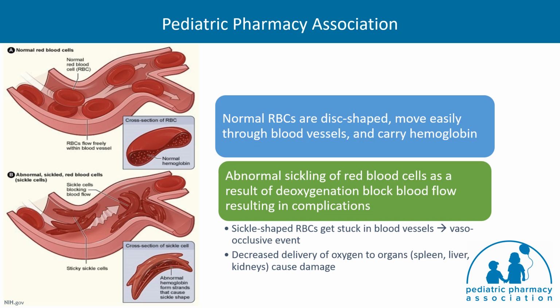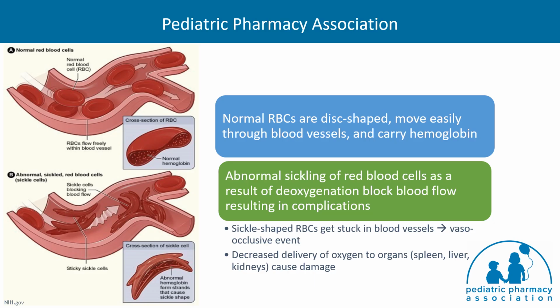Here is a picture of some of the sickled cells. So you can see the top picture here is those normal red blood cells. They're going to be disc-shaped and easily move through blood vessels, carrying that hemoglobin. However, when we have that abnormal sickling of the red blood cells as a result of that deoxygenation, they're going to block blood flow through the veins, and that's ultimately what's going to be causing our complications.